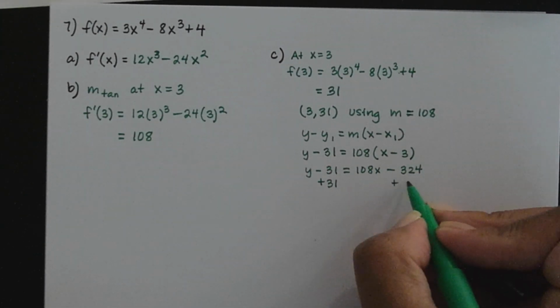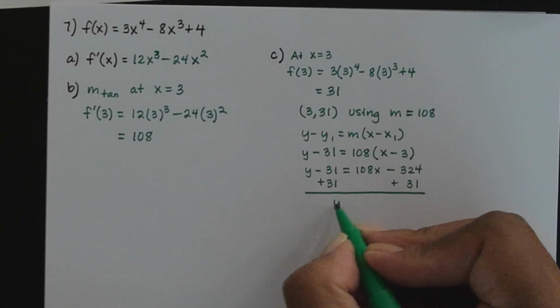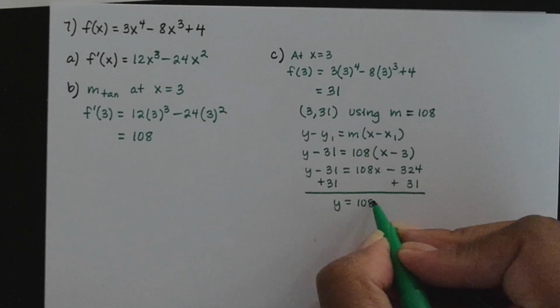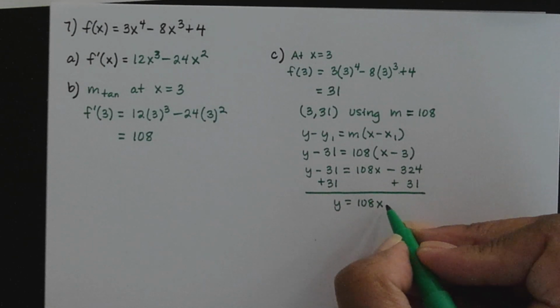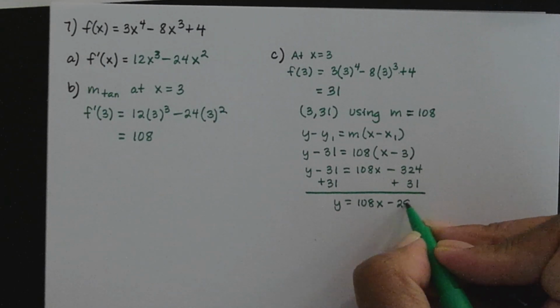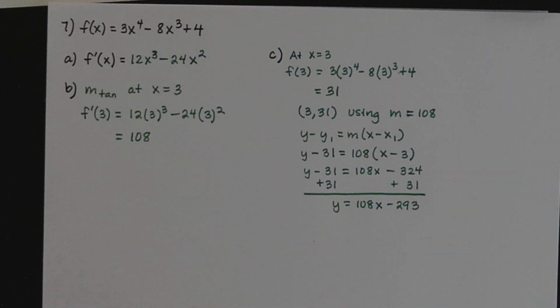And then to get y by itself, I add 31 to both sides. So y is equal to 108x minus 324 plus 31, which is minus 293. So this represents the equation of the tangent line when x is equal to 3.